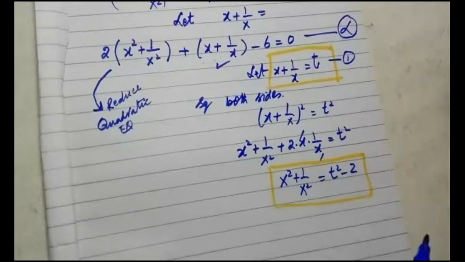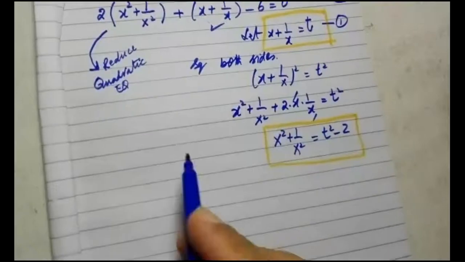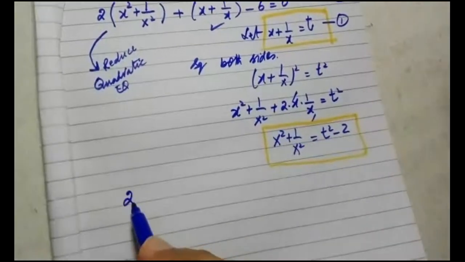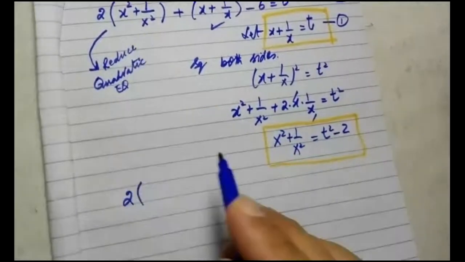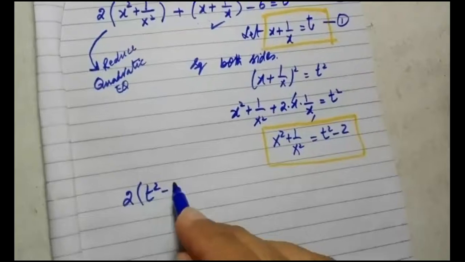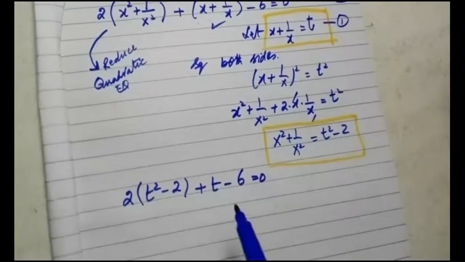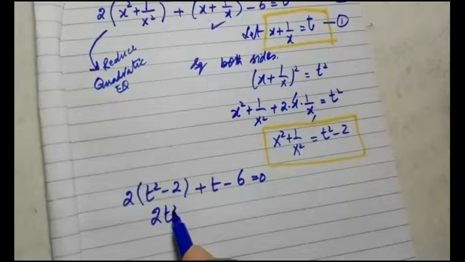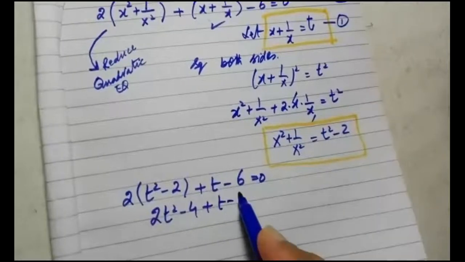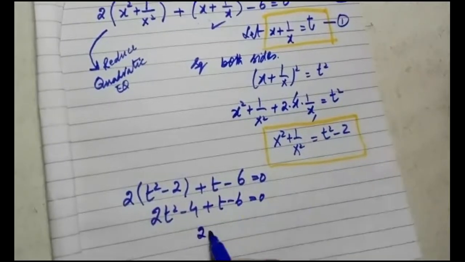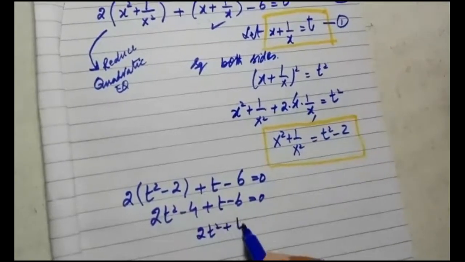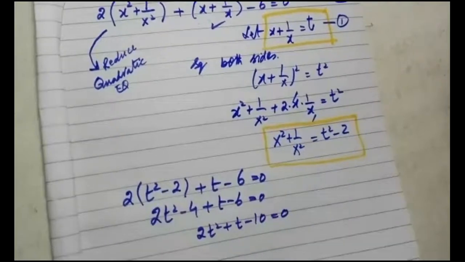Now, once you substitute, because the target is to convert it into a quadratic equation, you will see that 2 times x square plus 1 over x square will be written as 2 times t square minus 2, plus t minus 6 equals to 0. So 2t square minus 4 plus t minus 6 equals to 0. So it will become 2t square plus t minus 10 equals to 0.